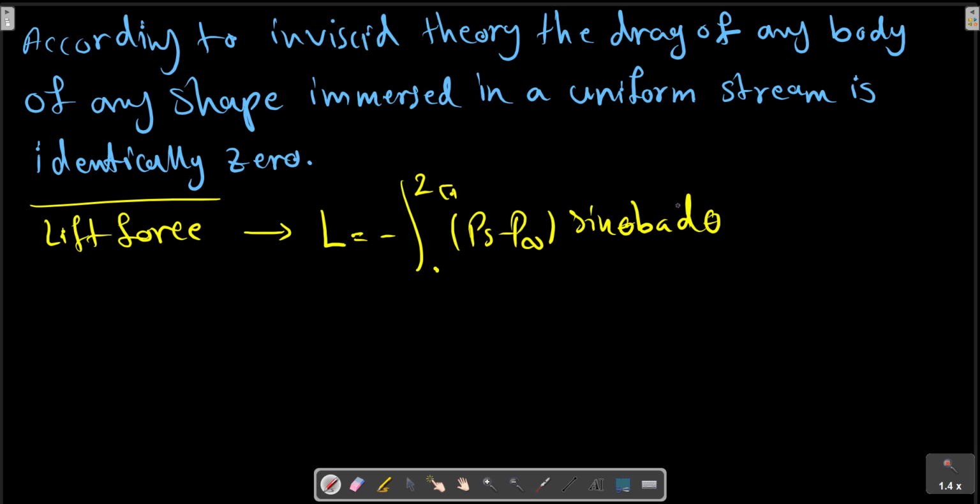Since the integral over 2 pi of any odd power of sine theta is 0, only the third term in the parentheses contributes to the lift, so we get this relation for the lift force.